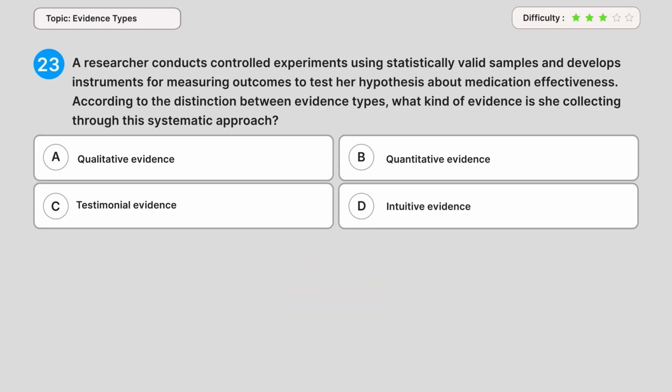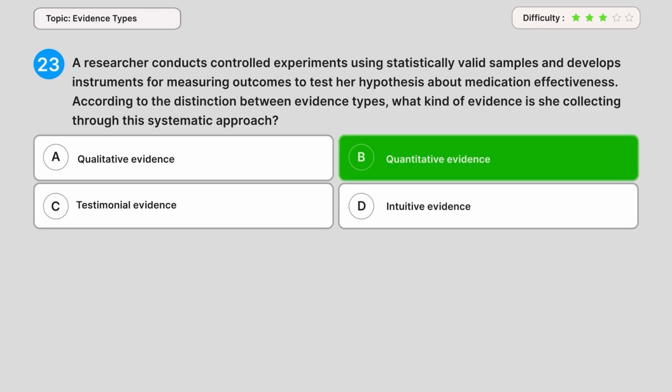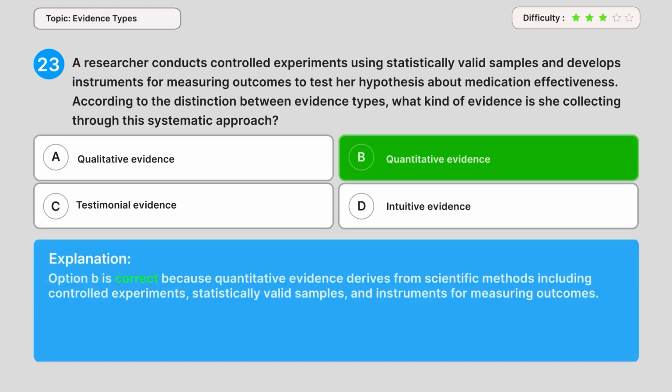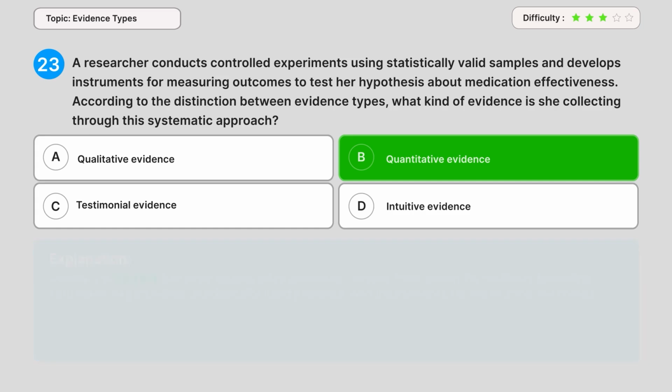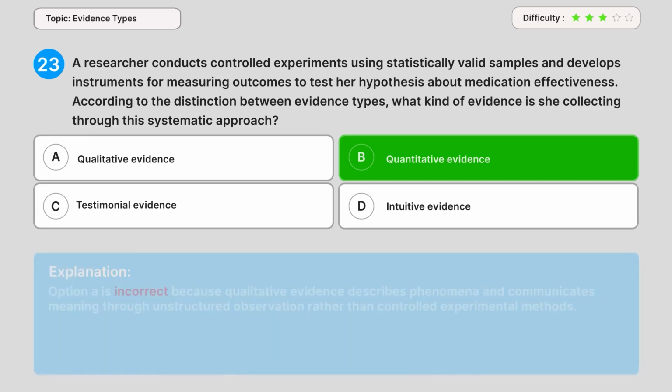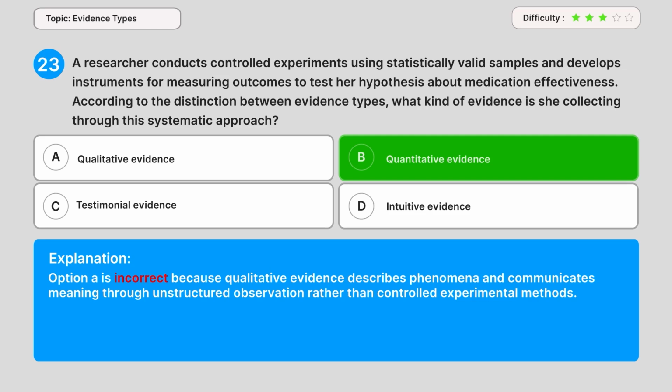Correct answer, B. Quantitative evidence. Explanation: option B is correct because quantitative evidence derives from scientific methods, including controlled experiments, statistically valid samples, and instruments for measuring outcomes. Option A is incorrect because qualitative evidence describes phenomena and communicates meaning through unstructured observation rather than controlled experimental methods.